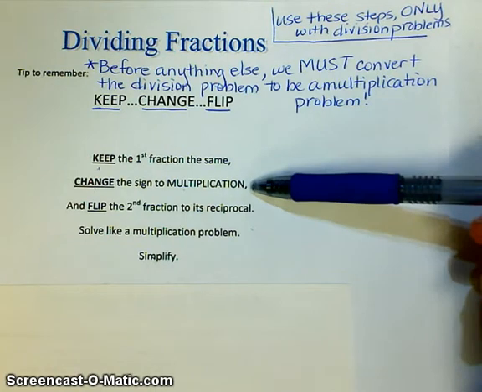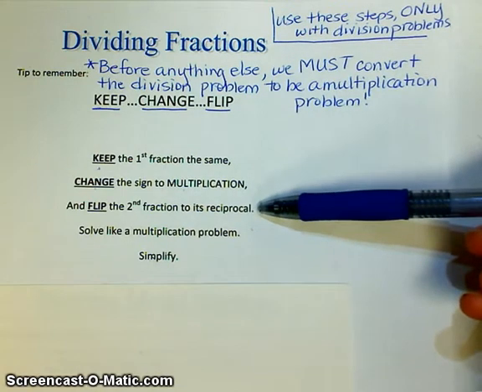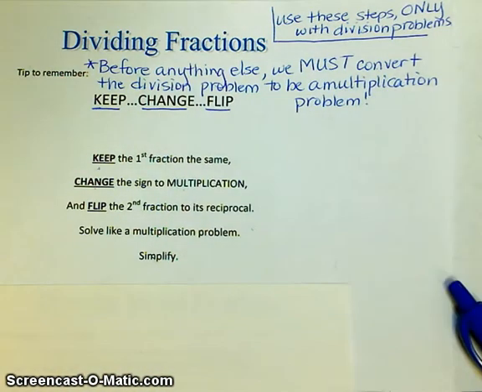After you write down that first fraction, you change the sign that originally was division into a multiplication sign. Lastly, you take the second fraction in the problem and you flip it. You flip the numerator and denominator. I just did something crazy with my hand, so you probably saw it in the video.